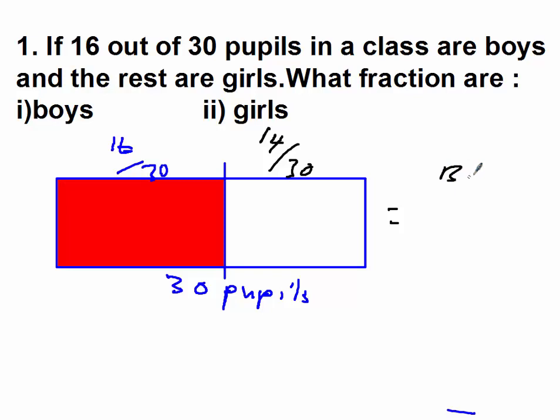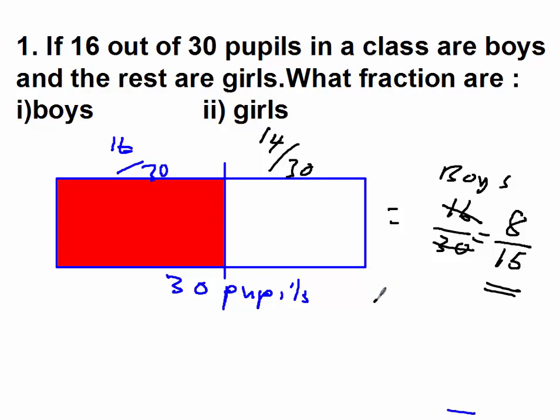I told you earlier, the boys, 16 out of 30, we can reduce by saying 2 is able to reduce 16 to give us 8, and 2 reduces 30 to give us 15. So at the end of the day, we arrive at our answer as 8 out of 15.